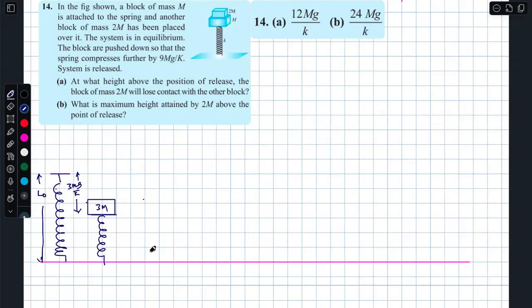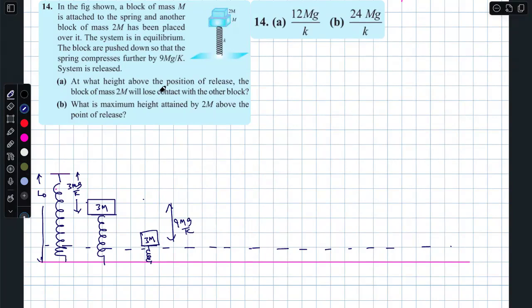Right, which means this is the worst situation of compression. Now what happened? It will keep going up.